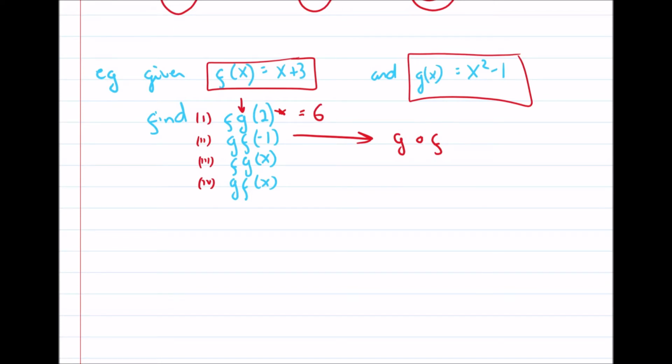So this time we put minus 1 in for x in this f of x function. So f of minus 1 equals minus 1 plus 3, which equals 2. Then we take the g function, 2 squared minus 1, which is 3. So this one here, 3.